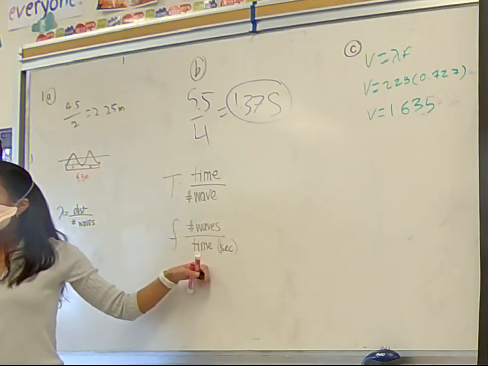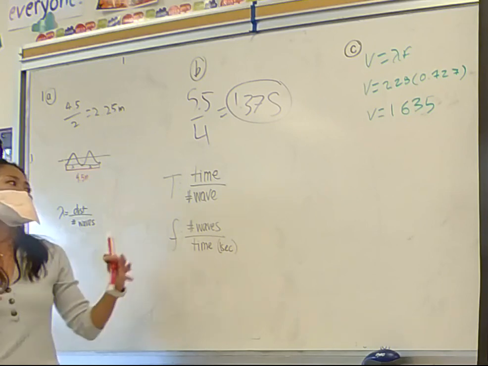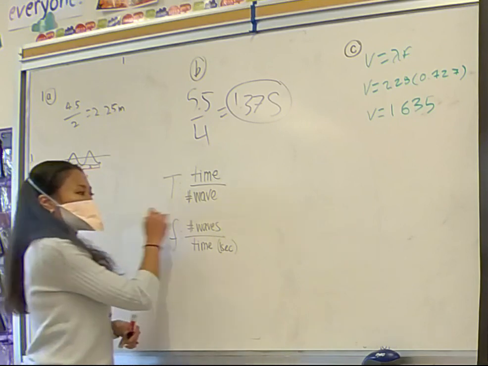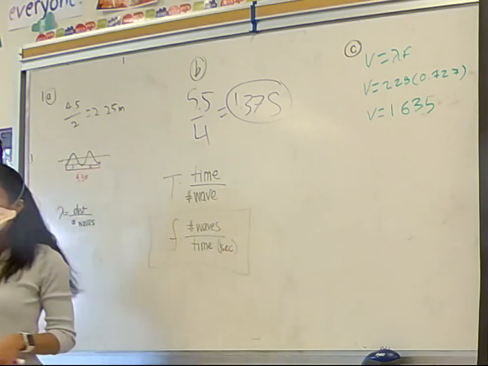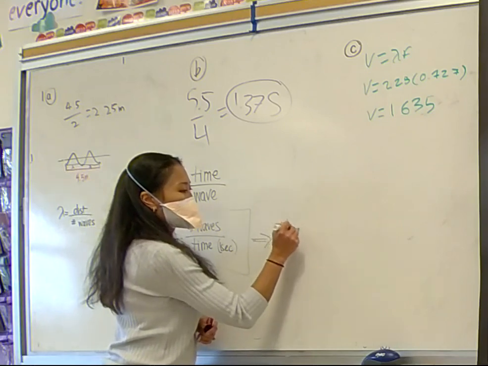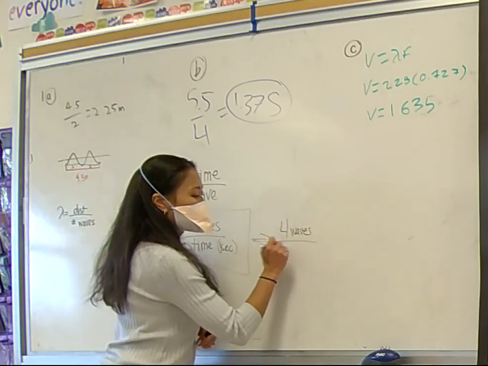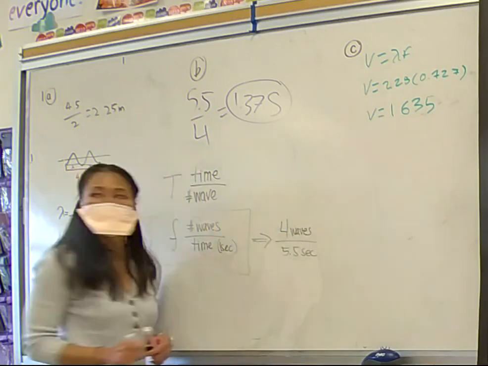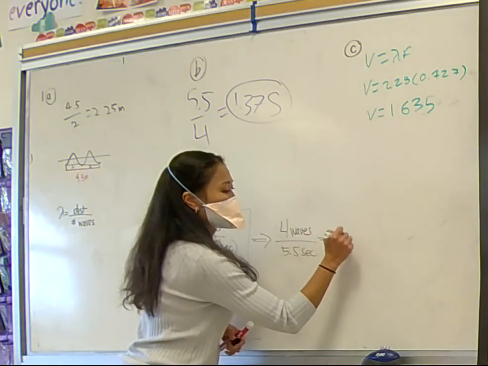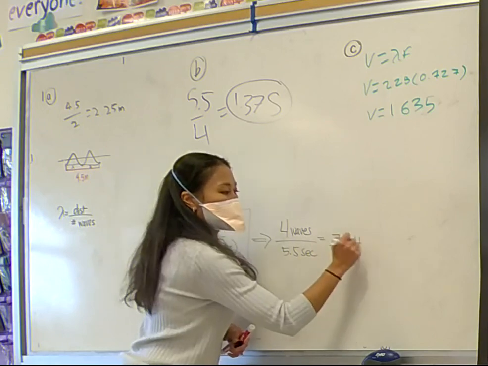Does that make sense? So a lot of students like to do the frequency first, and I saw that happen a lot. They calculated 4 waves over 5.5 seconds, and that value was 0.72. Unit is in hertz.